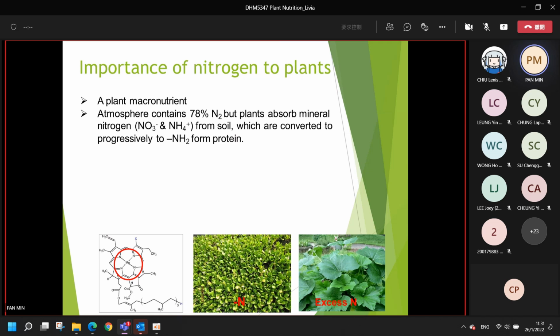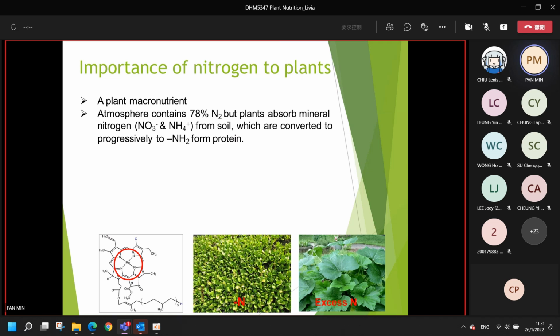The atmosphere contains 78% nitrogen, but plants absorb mineral nitrogen only in two forms, which are the ammonium form and the nitrate or nitrite form from the soil. So the nitrogen source in the plant majorly comes from the soil, and is progressively converted to ammonium and amide from protein.